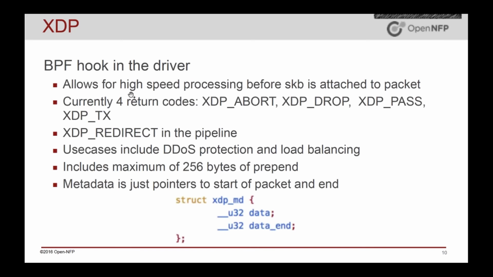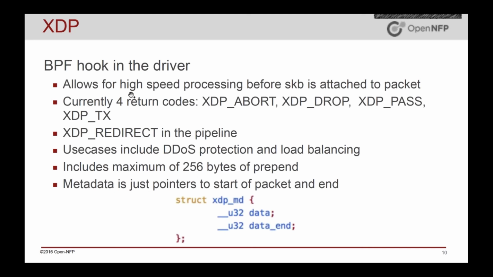As XDP redirect becomes more powerful, it may be able to work as a tool to effectively have very low latency page flipping of packets into user space, which will allow you, while still being kernel safe and upstream, to get packets to user space very quickly.